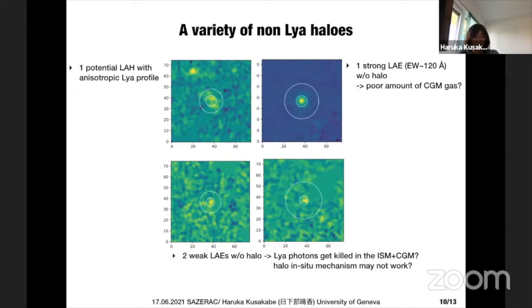It is a strong Lyman alpha emitter with a 125 angstrom equivalent width without a halo. So it may imply a poor amount of CGM gas and may help Lyman continuum to escape to the IGM. The bottom 2 sources have a weak Lyman alpha emission at the center, which implies that Lyman alpha photons get killed in the ISM and the CGM, and then the halo-induced mechanisms may not work for these objects.